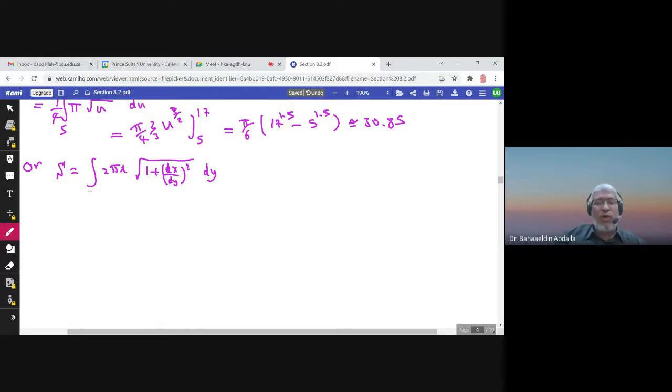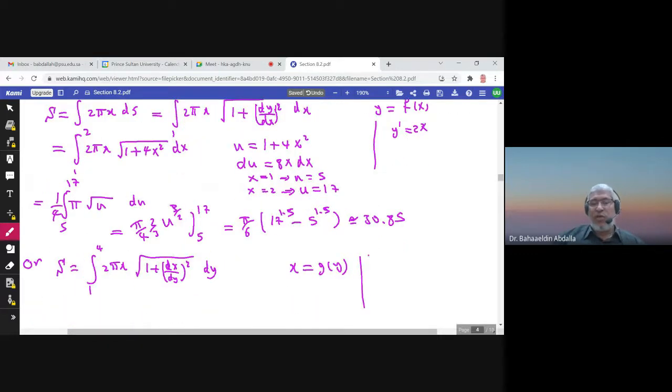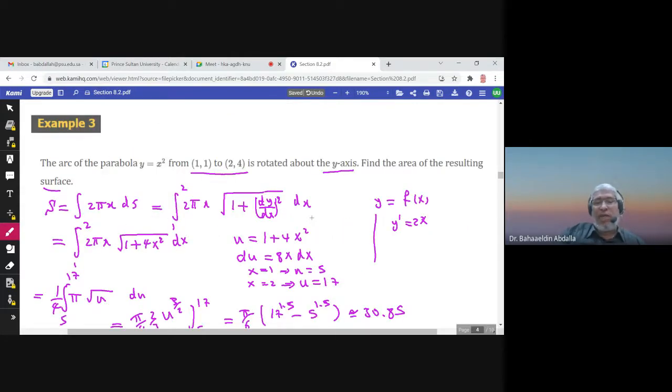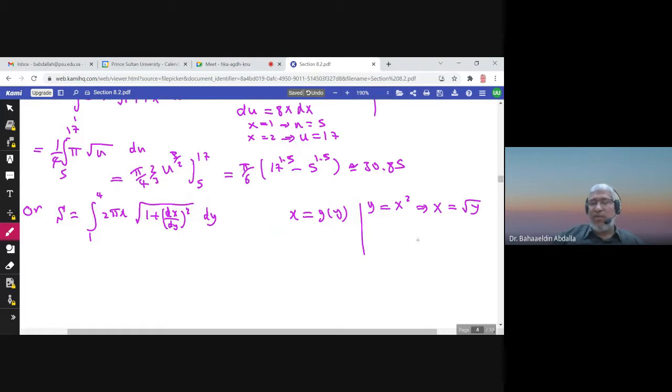So y from 1 to 4. And here x has to be written as a function of y. So actually he said y equals x squared, so I have to solve it for x. So x could be plus or minus square root of y. But x is positive, it's from 1 to 2. So I'll choose the positive sign.